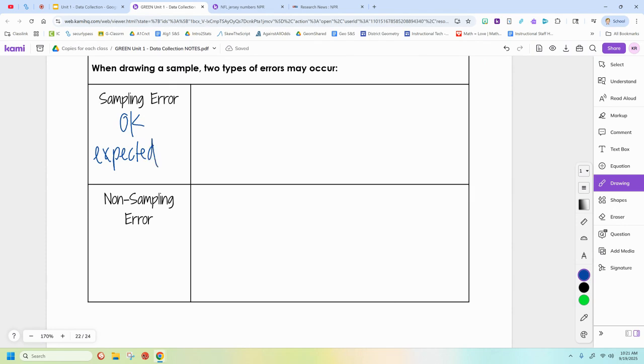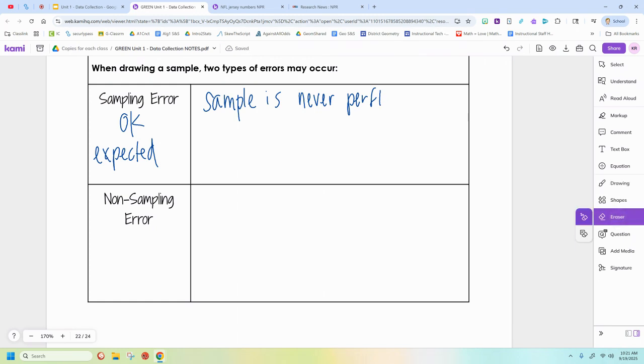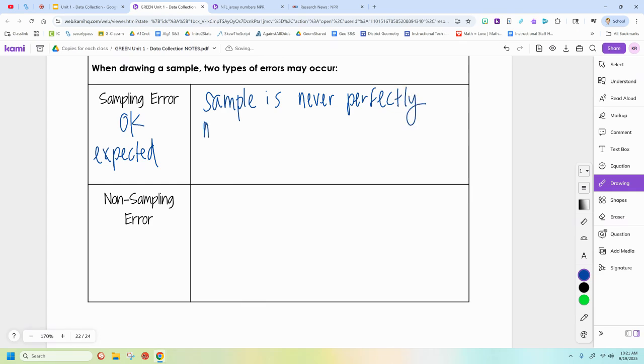And the reason why it's okay and it's expected is a sample is never the exact same thing as a population, right? A sample is never perfectly matching a population.